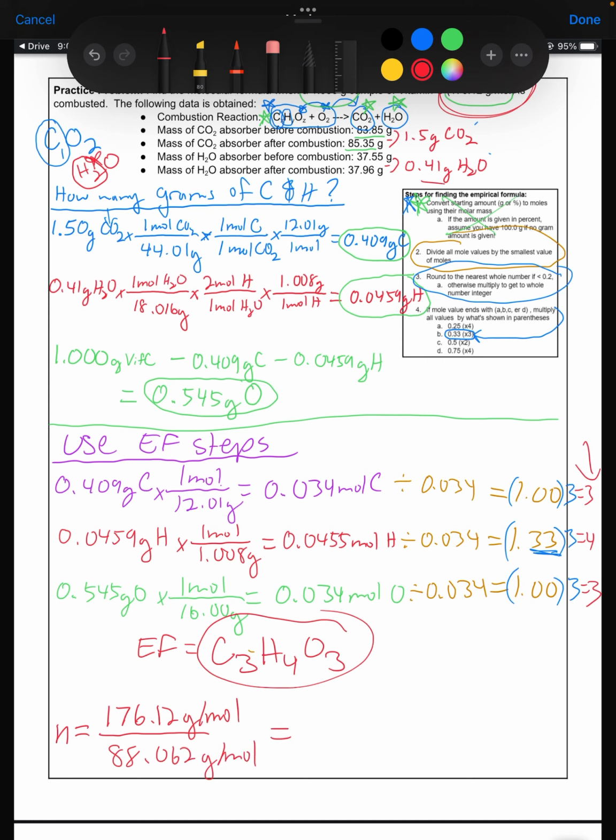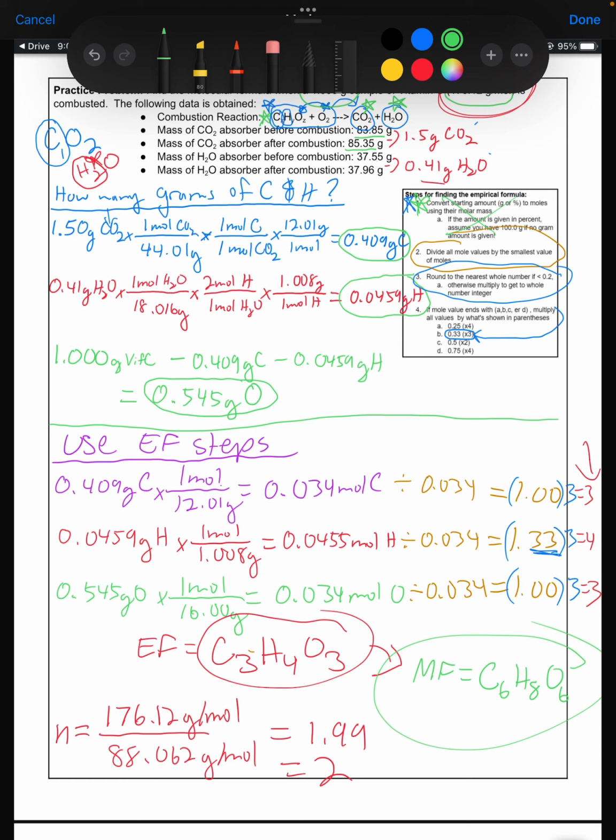I divide those two out and I get 1.99, which I'm going to round off to 2. Then I multiply my empirical formula by that factor of 2, and I get that my molecular formula is equal to C6H8O6. And that is my final answer.